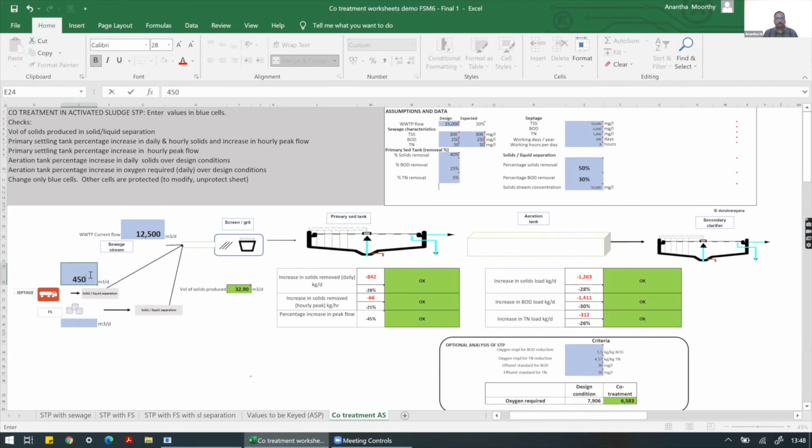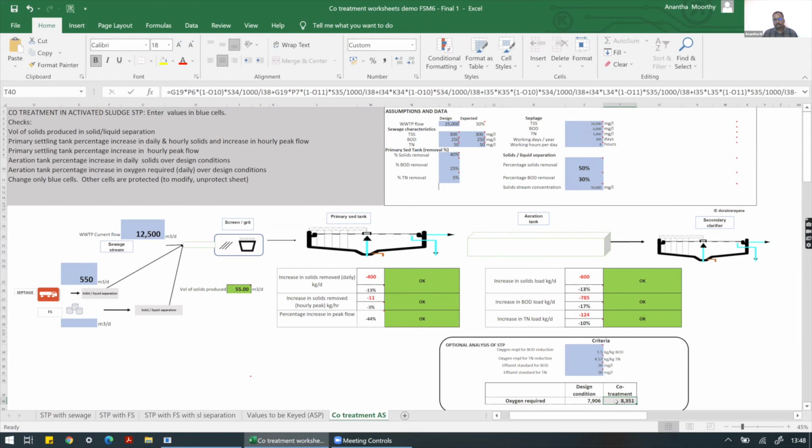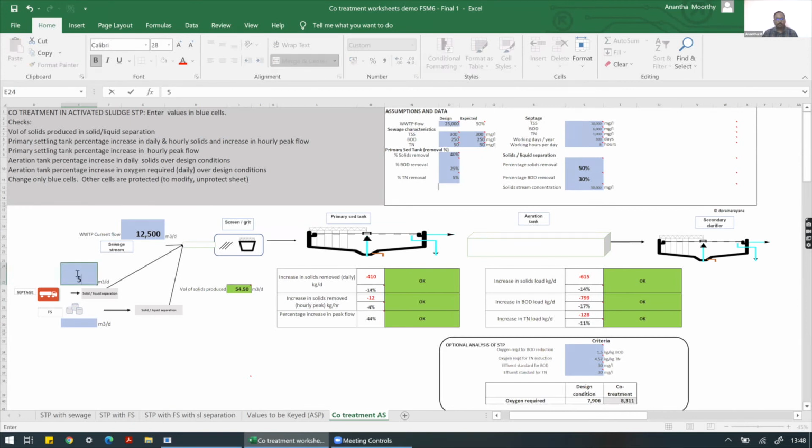So now we will see what will be the maximum tolerance with solid liquid separation. Okay, you might see the green indicators are not changing here, but the oxygen requirement is having a toll. So then we have to see what is the maximum quantity that I can add.